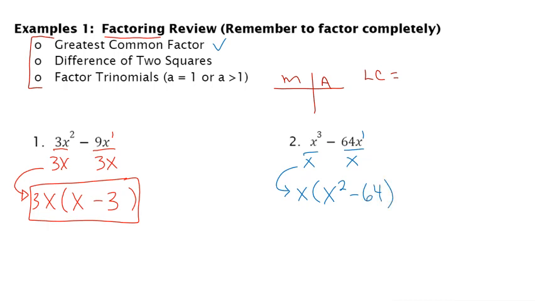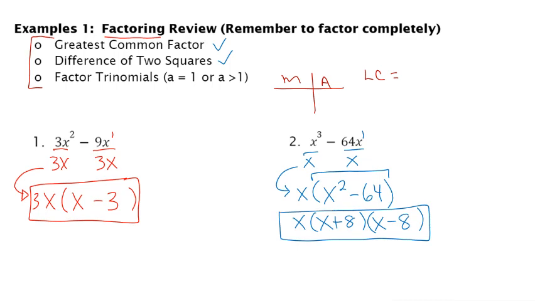Then we look at what's in the parentheses to see if we can do anything else, and it turns out to be a difference of 2 perfect squares. x squared is a perfect square, so is 64. So I'm going to break this into x plus 8 and x minus 8, because this is a difference of 2 squares. And this is my final answer.